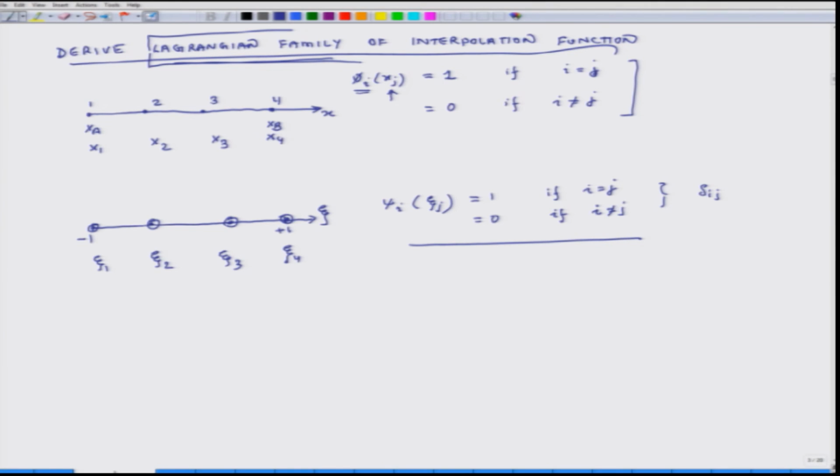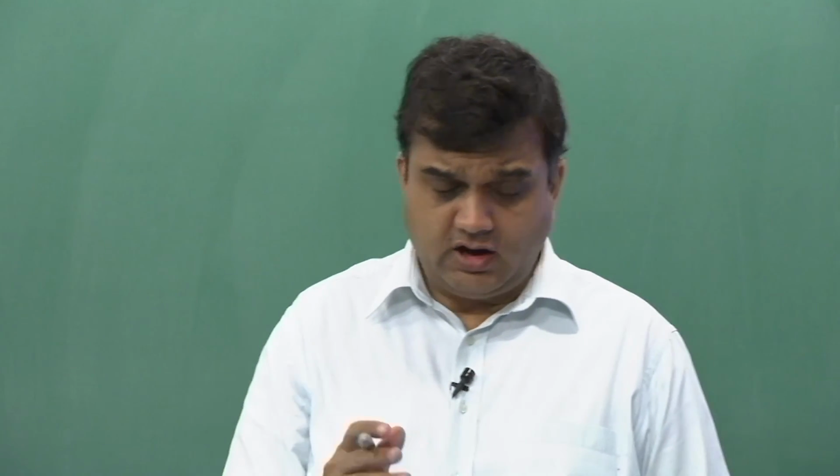So, in the zeta coordinate system, what does that mean? The ith function psi I is associated with which node? Its value will be 1 at which node? Ith node. So, this is a function of zeta, and its value is going to be 1 at the ith node and 0 at all other nodes.